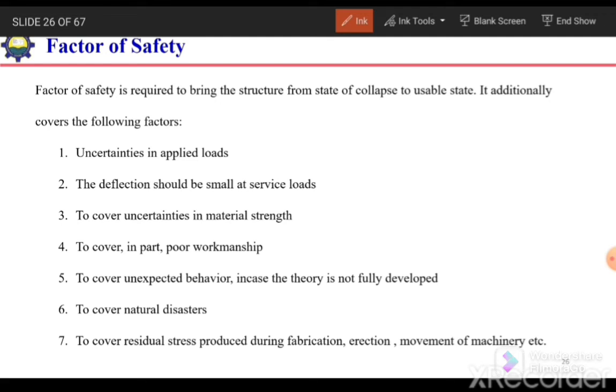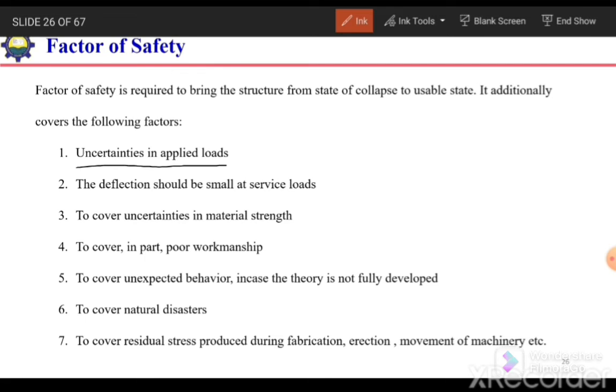These factors of safety are applied to bring our structure to a usable state from the state of collapse or unstable state. Other than this, it also covers other factors like uncertainties in applied load. For example, if we have designed a classroom for 200 people, there is a possibility that more people can gather in that classroom, for example, 300 or 400 students.